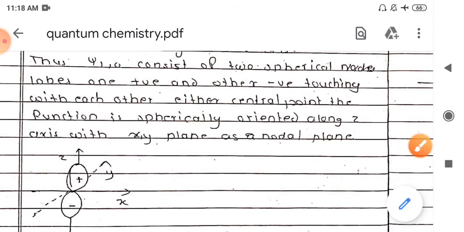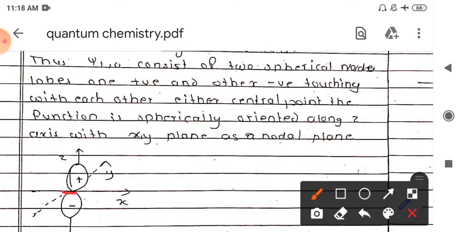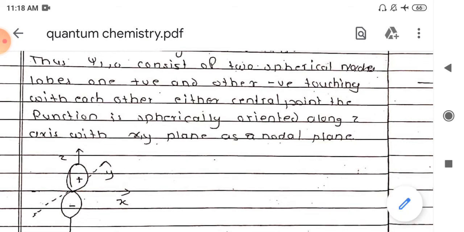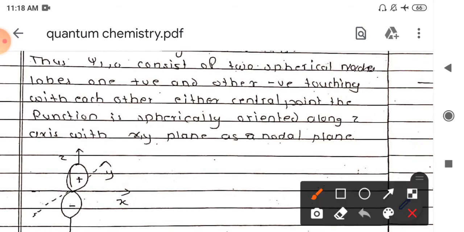What is a node? A node is the point where we find zero probability of finding the electron. So for the pz orbital the maximum probability is along the z axis, and the nodal region lies along the xy plane. This is called a nodal plane.